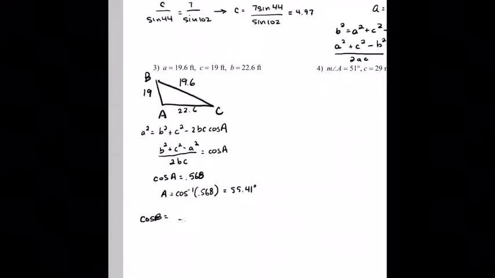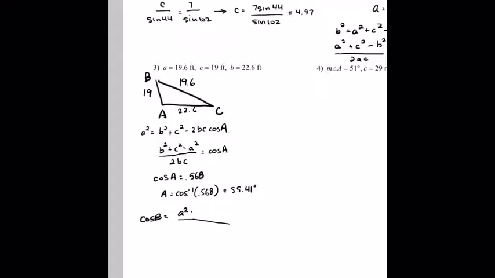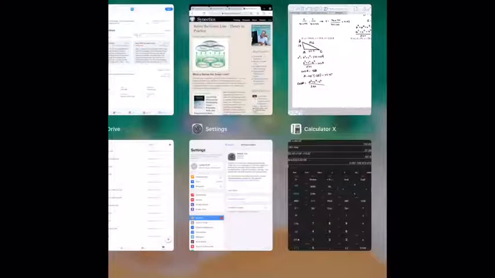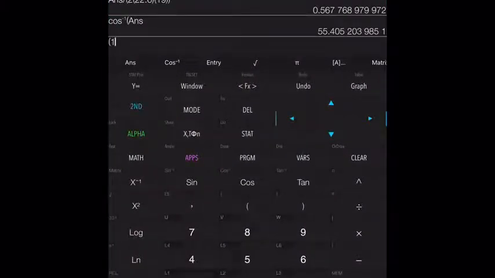So cosine of B is a squared plus c squared minus b squared divided by 2ac. So this is 19.6 and 19.